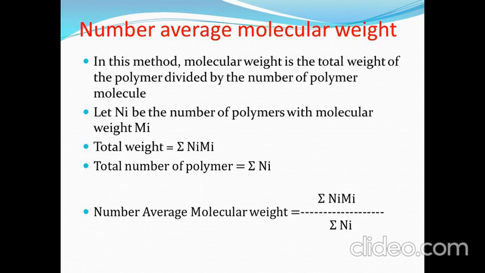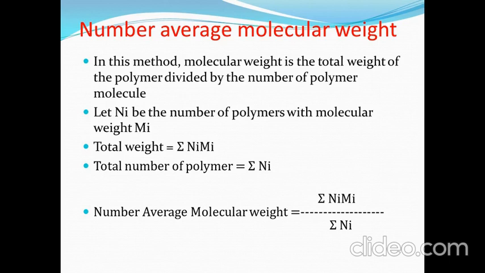In the number average molecular weight method, molecular weight is the total weight of the polymer divided by the number of polymer molecules. If we consider Ni to be the number of polymers with molecular weight Mi, the total weight is equal to the summation of Ni Mi.